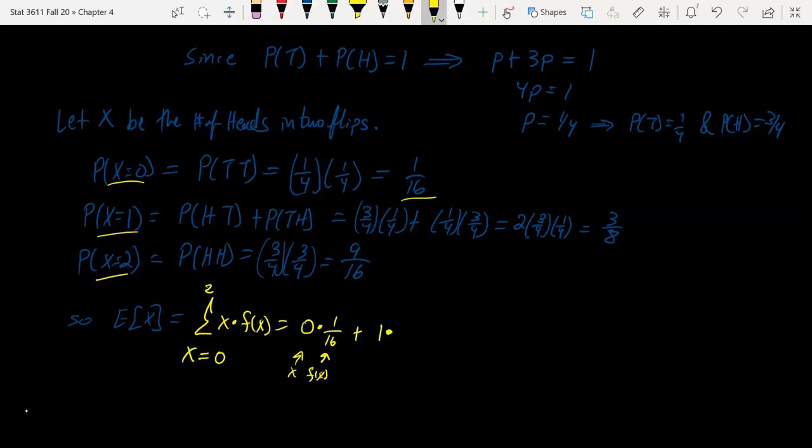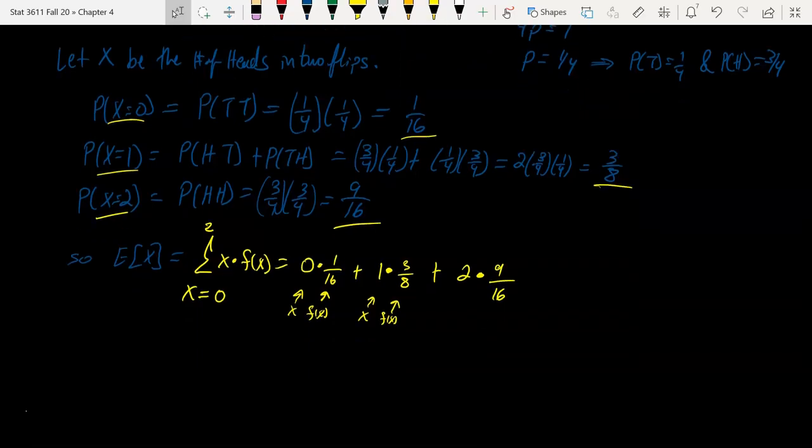Plus 1. X takes on the value 1 with probability 3/8. When X is 2, the probability is 9/16. There we go. And so we just add everything, do the multiplication together here: 3/8 plus 2 times 9/16.